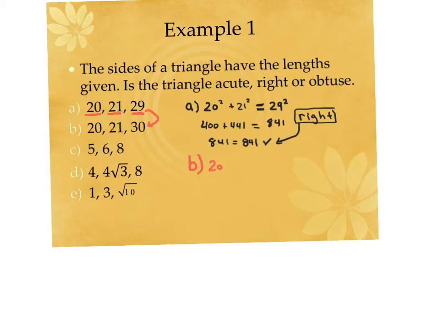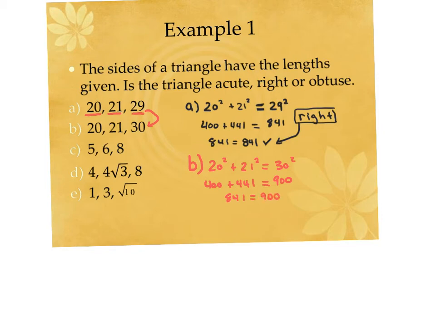So let's just do this. 20 squared plus 21 squared is equal to 30 squared. It's just a great way to check our numbers. So we get 400. We already know that. And 441, Gio gave us that. What's 30 squared? 900. So we get 841 is equal to 900. Is that true?